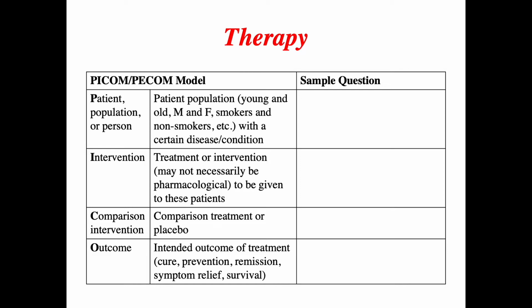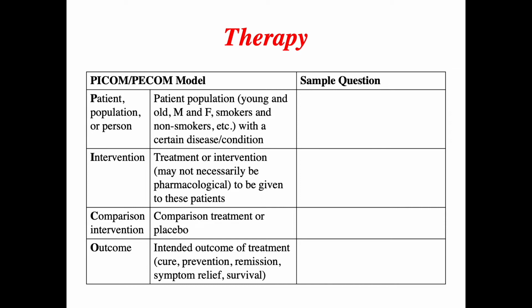Basically, what do you want to do with the disease or condition involved? Is this study aiming to cure, or is this study aiming to prevent, or to prevent a remission for that matter, or is this involving which treatment would result in more symptom relief or which treatment would result in longer survival? Okay, so those would be the different outcomes that you can include in your research question.